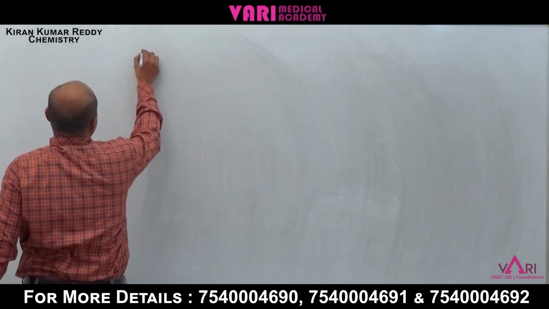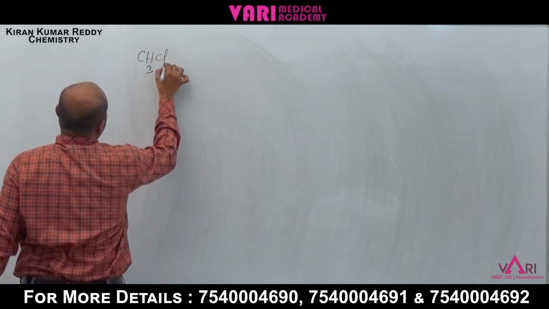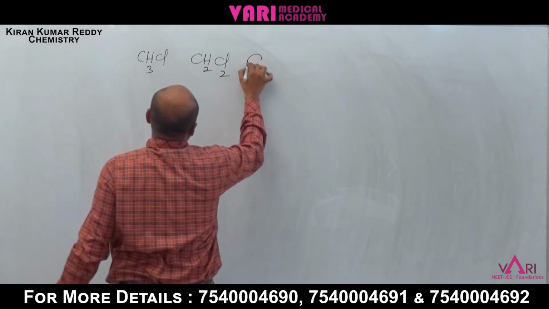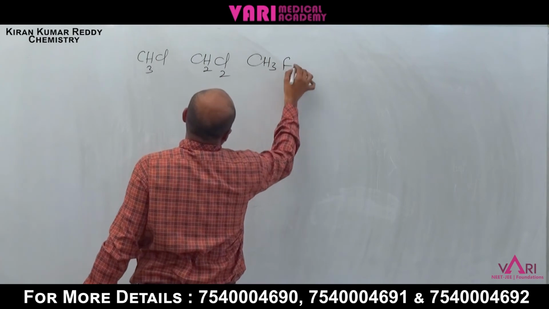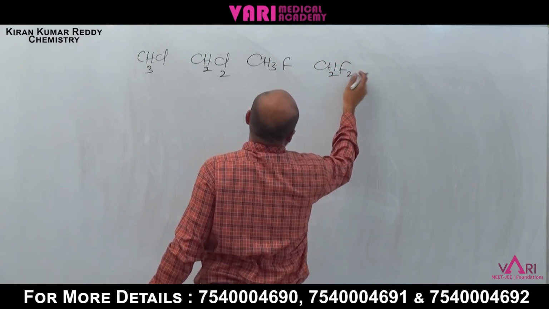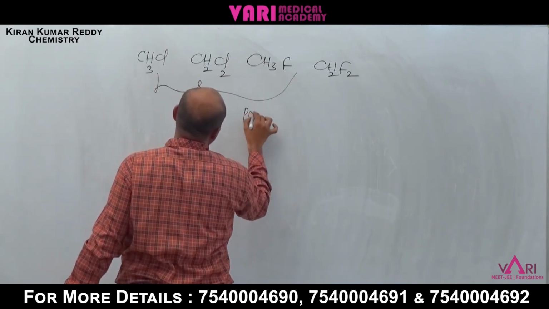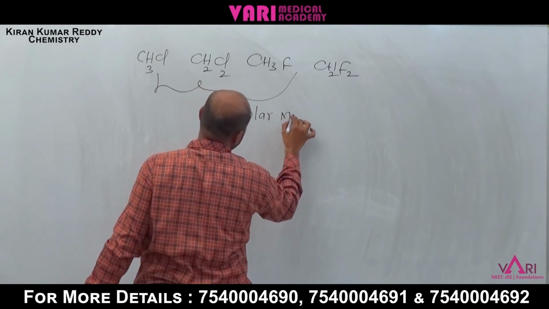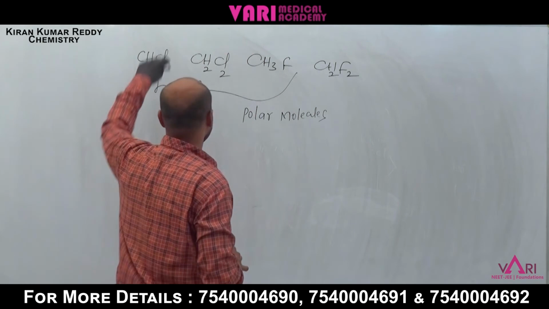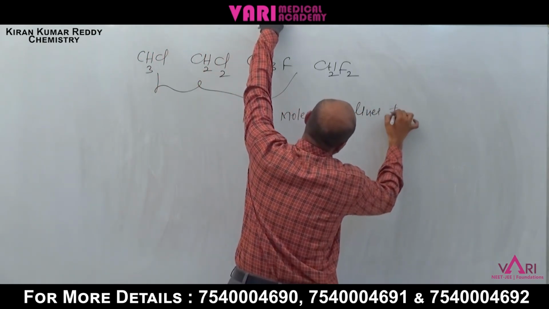If you take another example, we can take more examples of dipole moment. CH3Cl, CH2Cl2, CH3F and CH2F2, these all are polar molecules. Why? Because for polar molecules, the dipole moment mu net is not equal to 0.